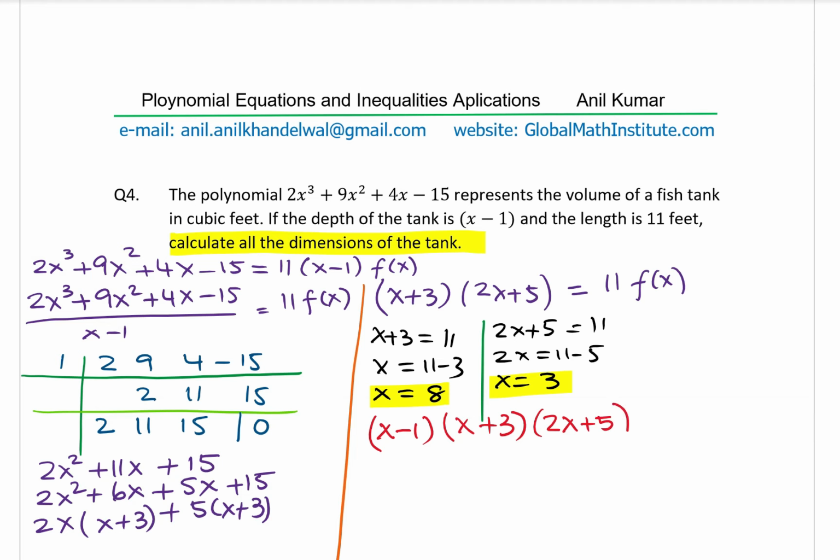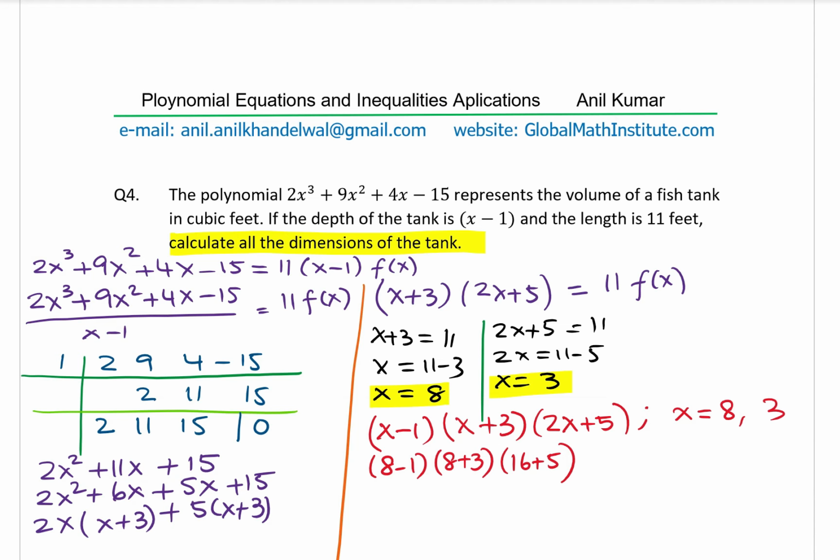So these are the dimensions, perfect? And we have two values of x. x is equal to 8 or x is equal to 3. Substituting, we get our dimensions. Let's put 8 first. So if I put 8 here, I get 8 minus 1 times 8 plus 3 times 16 plus 5. That is one set.